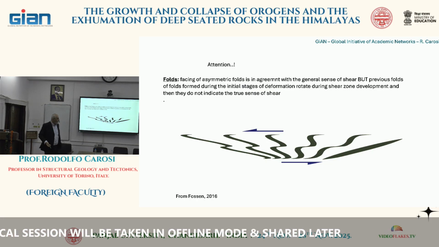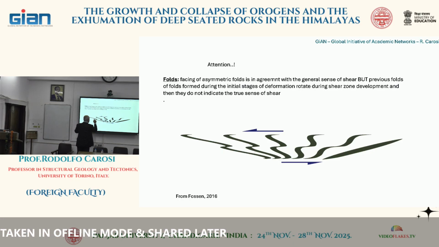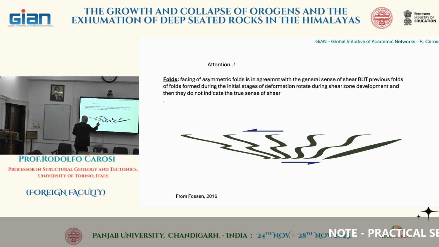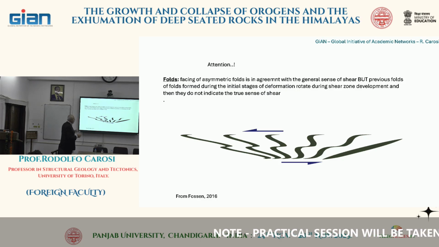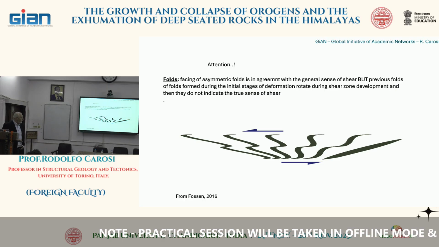So if you look at only this outcrop, you can say, okay, that's a sense of shear, but you cannot have information about the general history. And if you started in this way, you can reach this asymmetric long, short, long, with a different opposite sense of shear. So only folds are not good to use as kinematic indicators.